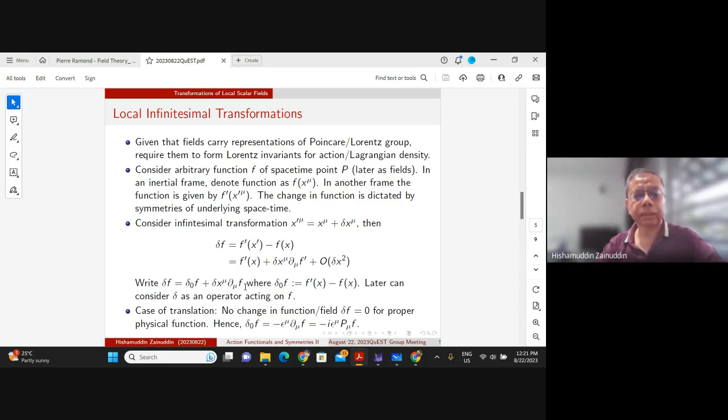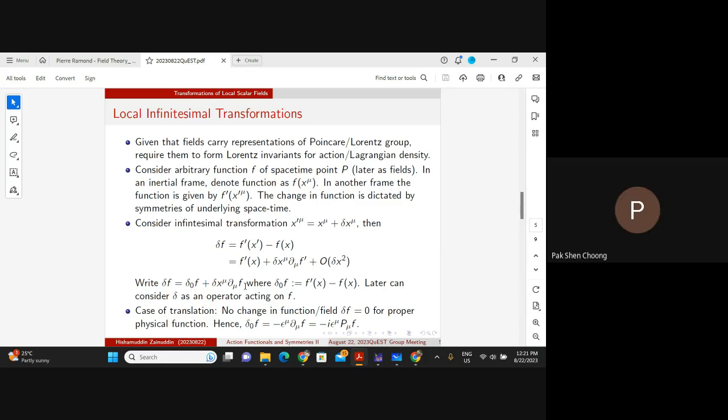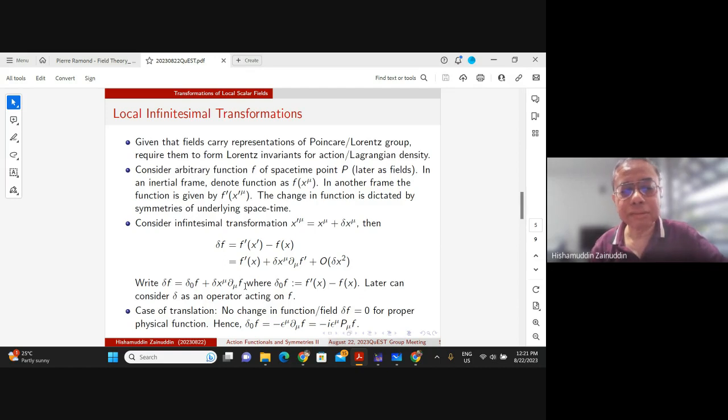Yeah, I think I put it. Right, it should be partial f dash. Okay, and then f dash at the point x.